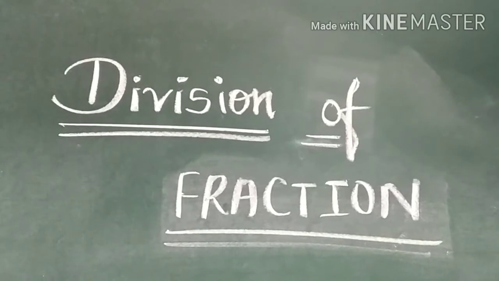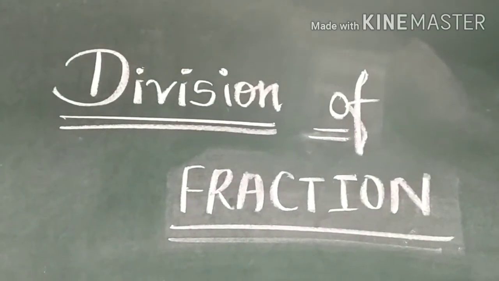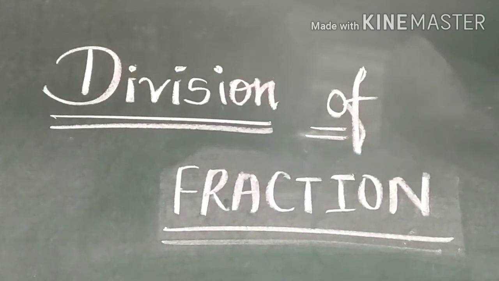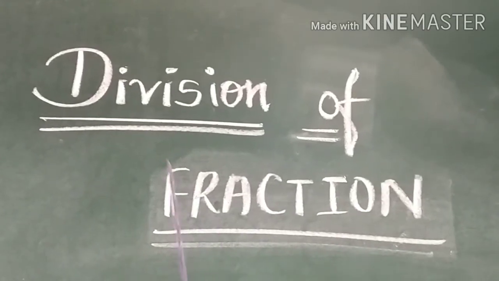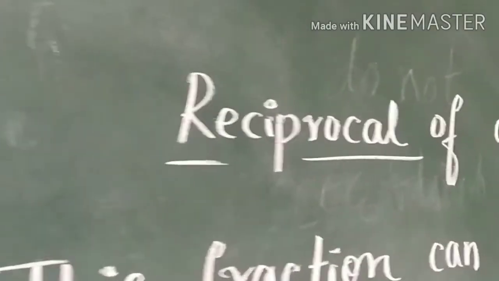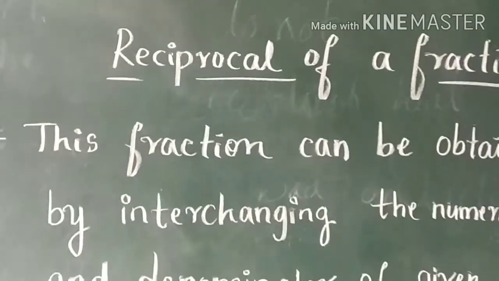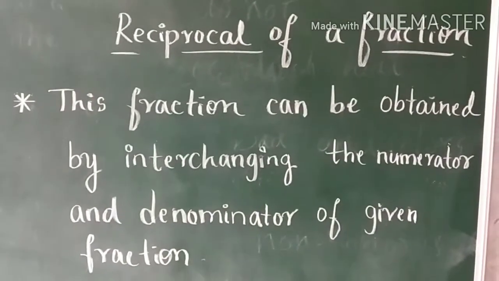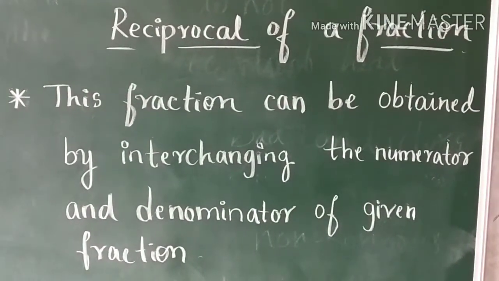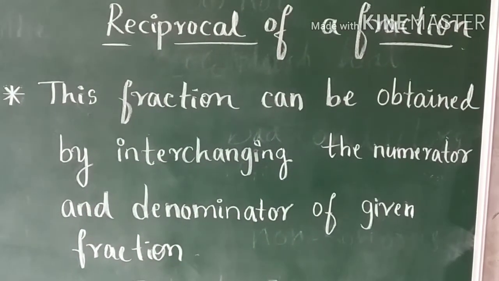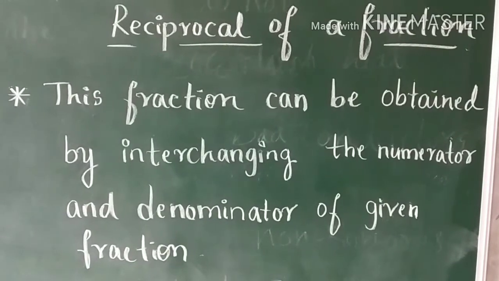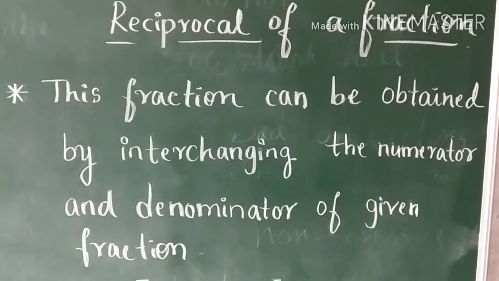Now let us study division of fractions. Before we go to the division of fractions, we have to understand the concept of the reciprocal of a fraction. The reciprocal of a fraction can be obtained by interchanging the numerator and denominator of the given fraction.